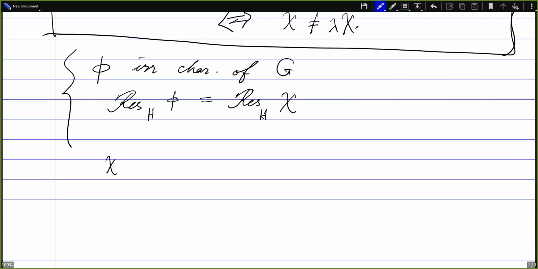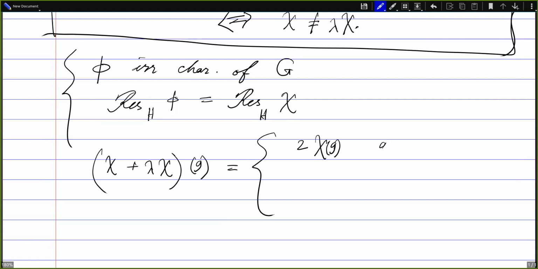Let's see, what about chi plus lambda chi? When g belongs to H, both of them are basically chi(g), so the sum is 2 chi(g).